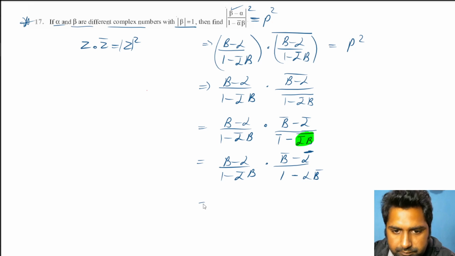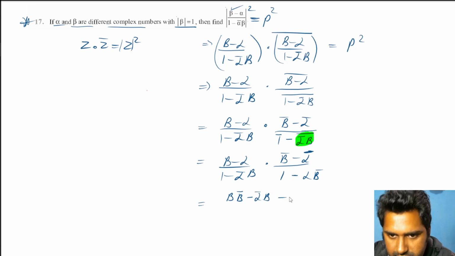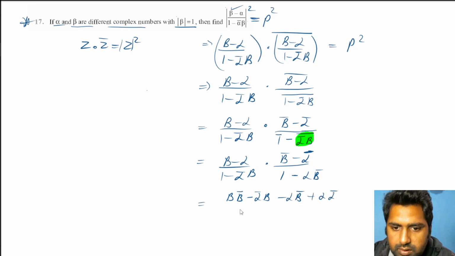Now let's multiply. So basic multiplication, beta into beta bar, beta into minus alpha bar, so minus alpha bar beta, then minus alpha into beta bar, then minus alpha into minus alpha bar, that is plus alpha alpha bar.